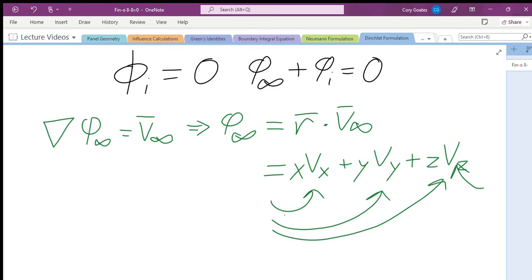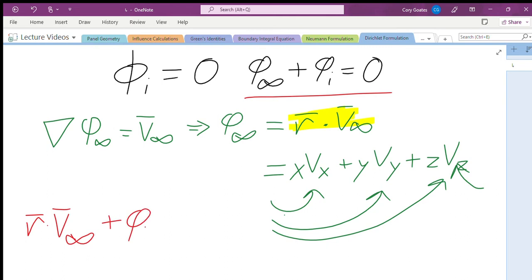So anyway, we have this formula for our free stream potential, and so we can plug that into this equation that we have right here, and we'll say that r dotted with v infinity, and r is whatever point we're looking at. So if I want to know the potential at point xyz, that's my r, plus phi I, and I need that to be 0 in order to satisfy our zero normal slope boundary condition.